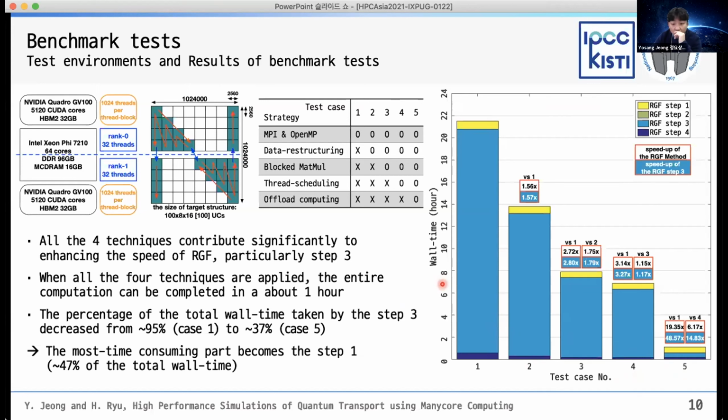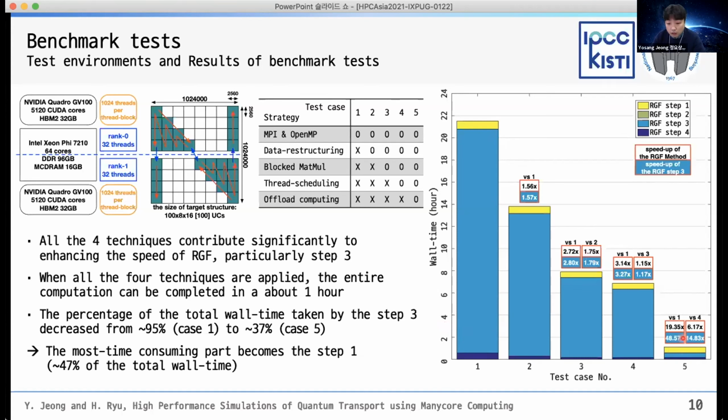And when all the 4 techniques are applied, the entire computation can complete in about 1 hour, while it originally takes about 21 hours. In case 1, step 3 takes almost 95% of the total wall time.